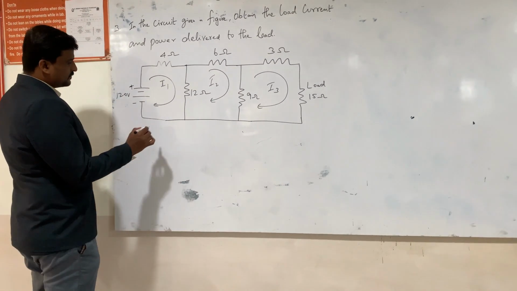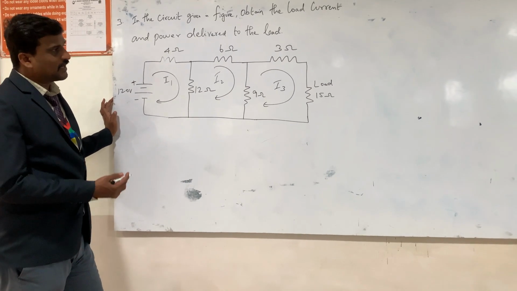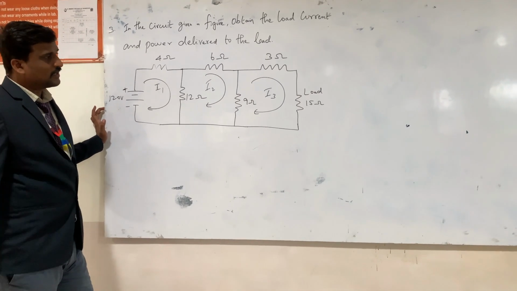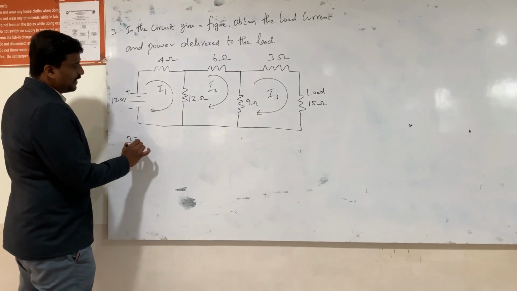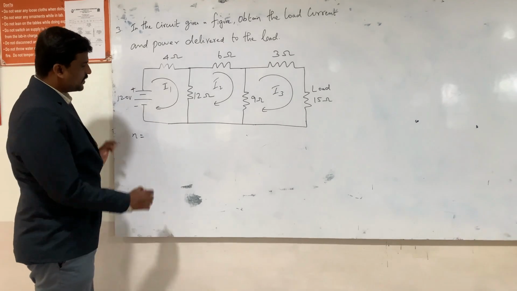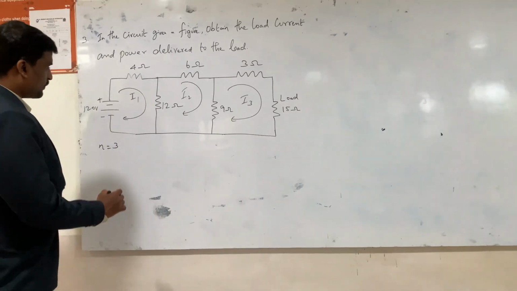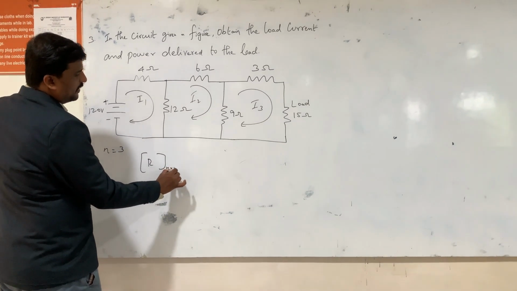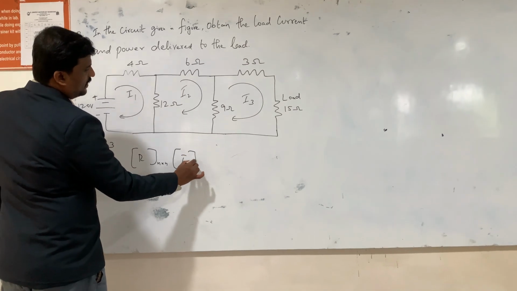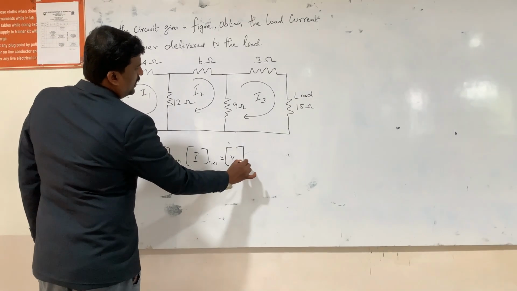So here we can solve this by using the mesh analysis, and we can take inspection method. So the size of the matrix here, n will be equal to the number of loops. So here we have 3 loops. So the size of the matrix is equal to 3. So R n cross n, I n cross 1, and V n cross 1.